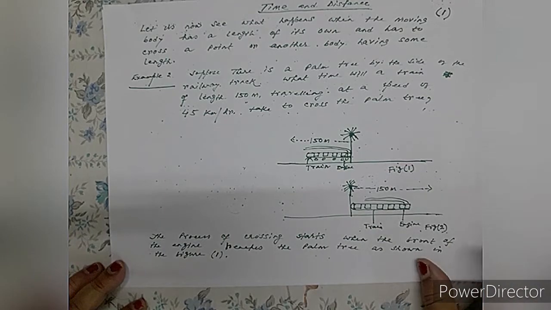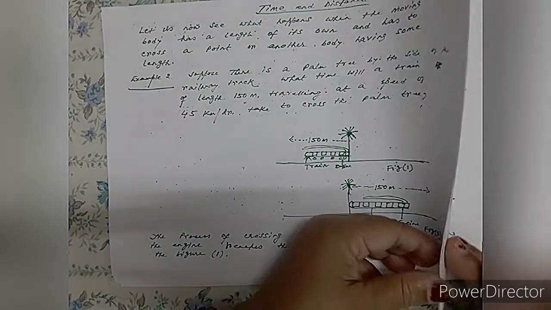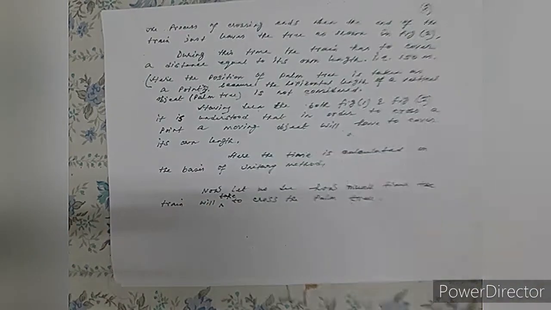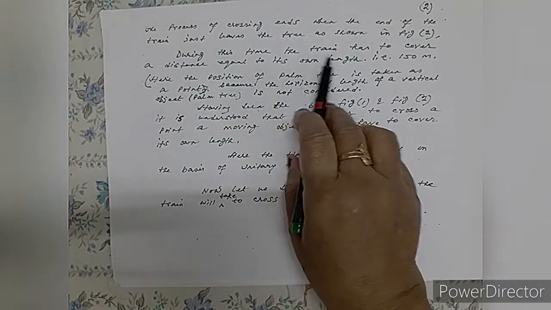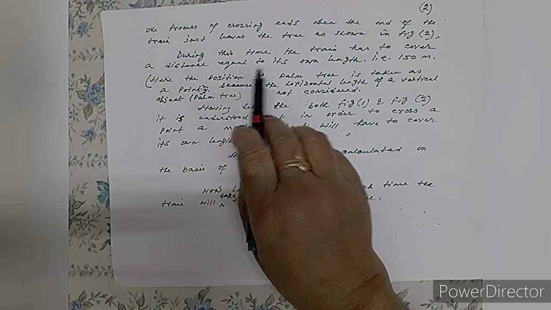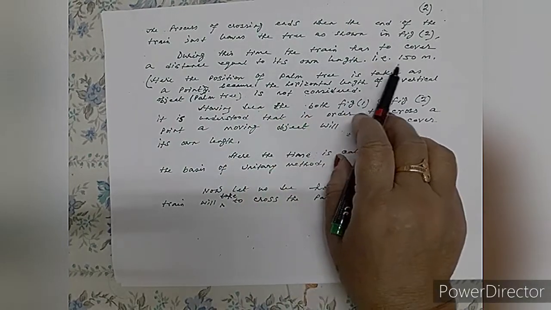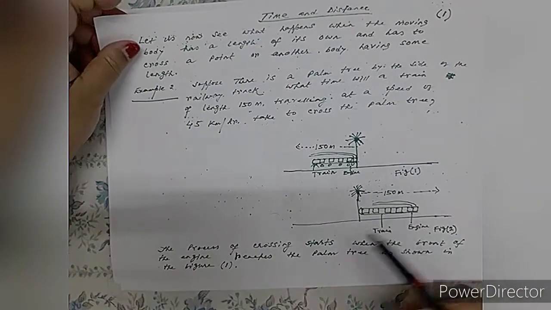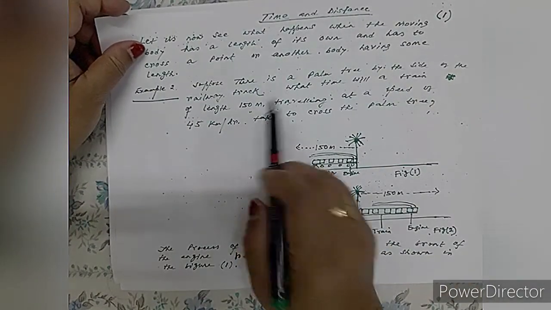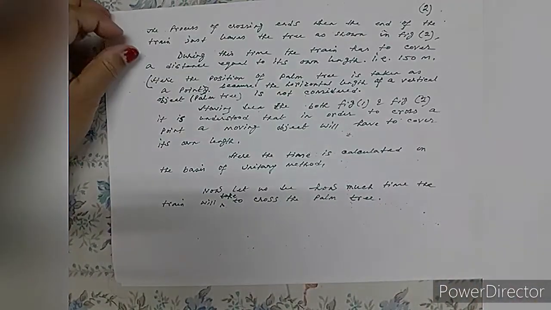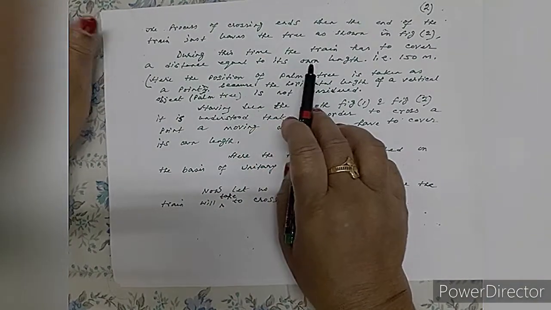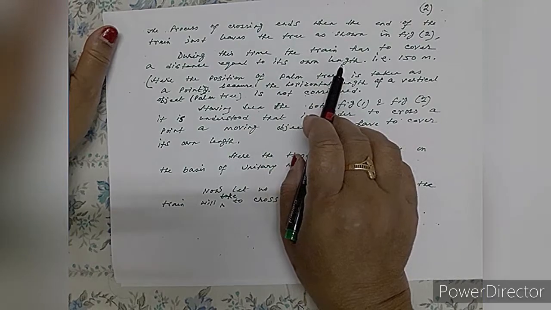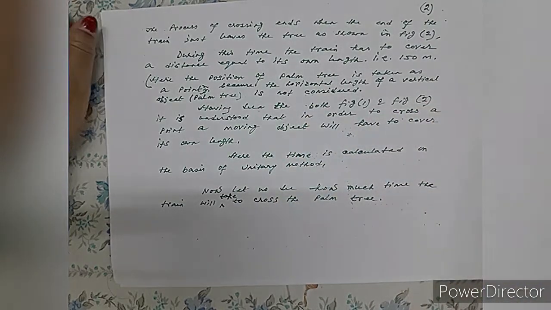During this time the train has to cover a distance equal to its own length, that is 150 meter. The length of the train has already been given as 150 meter.